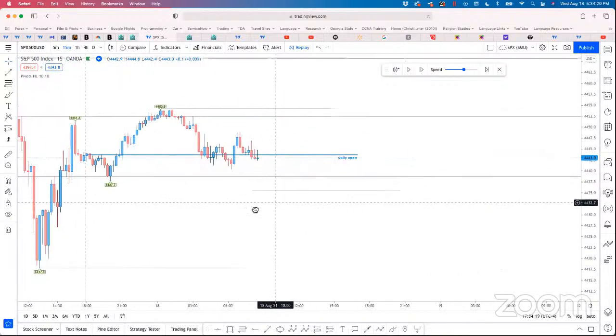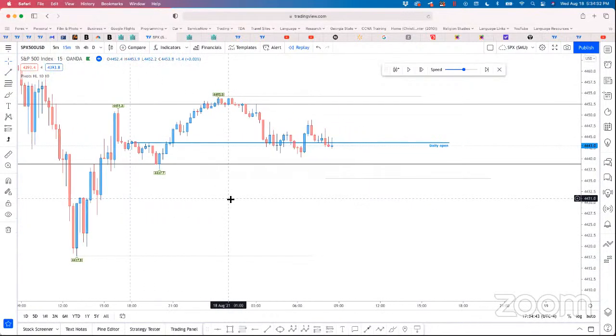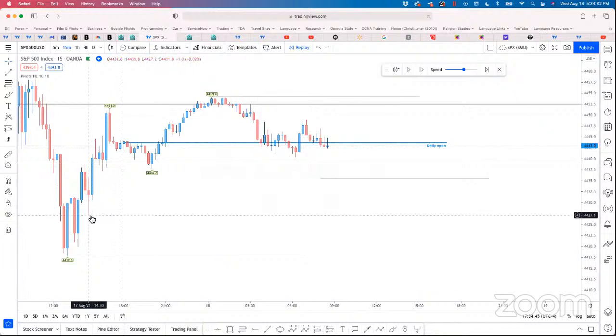right? And the fact that we broke below the daily opening is a sign, hey, we should be going bearish for the day, right? If we break and close below this, then we could see price trade below this low. If price trades below this low right here, we had this short-term low right here that it should trade to.